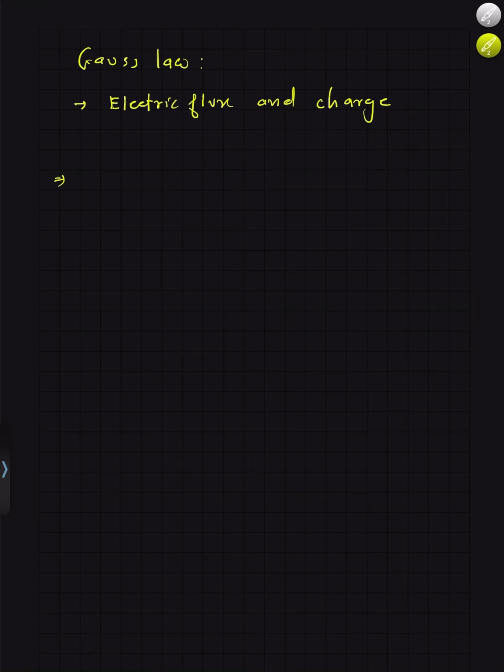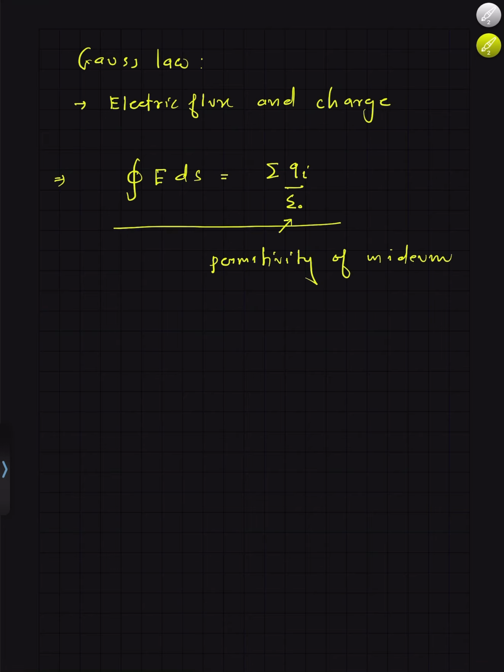Gauss law says that the electric flux associated with any closed surface is given by the sum of the total charge divided by epsilon naught, the electric permittivity of the medium. Now this is your Gauss statement.